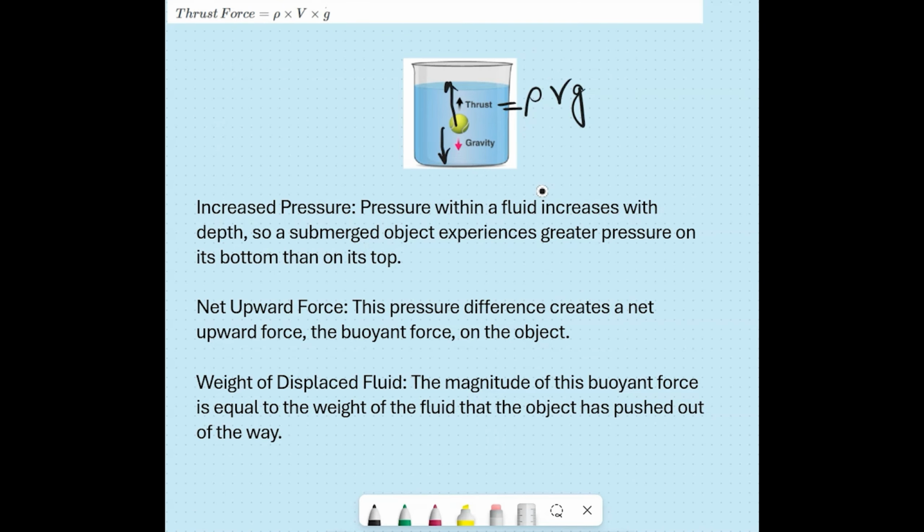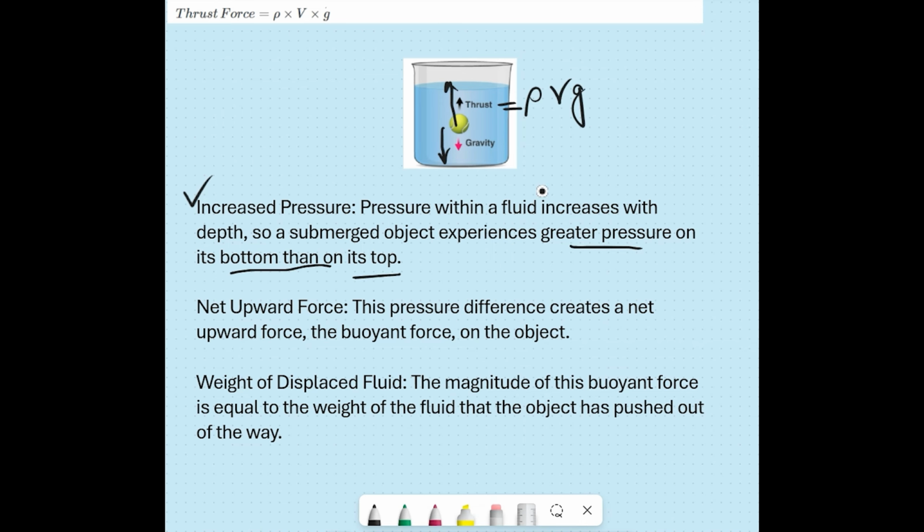Here are three important things we can conclude here, how this Archimedes principle actually works. First of all, the pressure within a fluid increases with depth, so a submerged object experiences greater pressure on the bottom than the top.